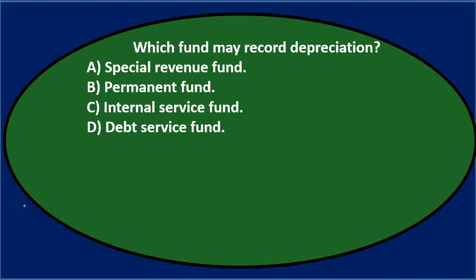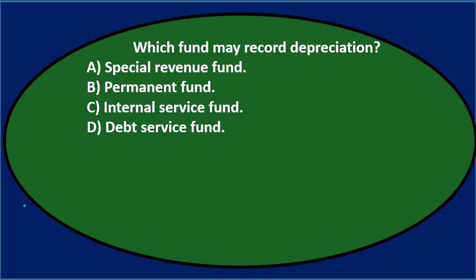Next question. Which fund may record depreciation? A, special service fund, B, permanent fund, C, internal service fund, or D, debt service fund. Let's go through this again using the process of elimination. Which fund may record depreciation?